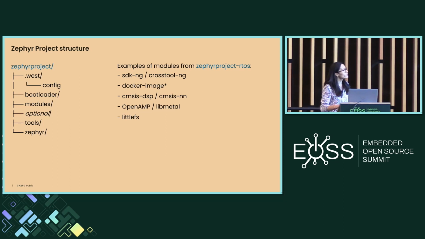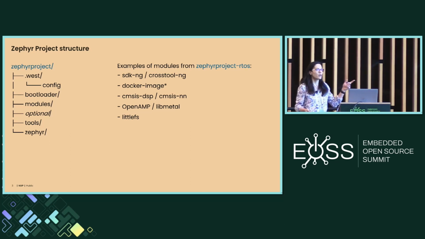And then we have tools, where we have different tools for testing. On the right side, we have some module examples that can be found in the Zephyr project repository, like SDK-ng, where we have the Zephyr SDK, which contains the toolchain and some development tools. Crosstool-NG is used to build the toolchains.